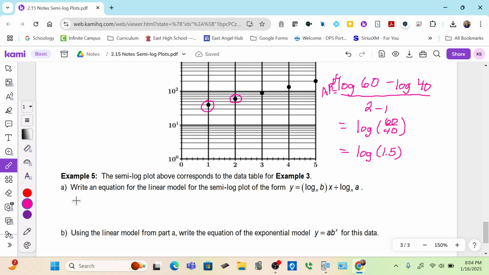So we're going to say that log of 40 is going to equal our log base n of b, so our log b is log of 1.5 x plus log of a.